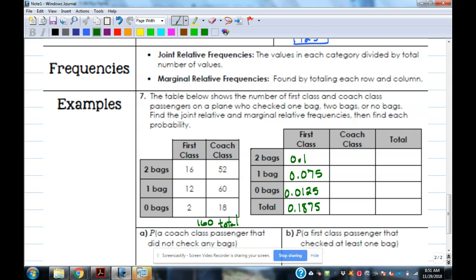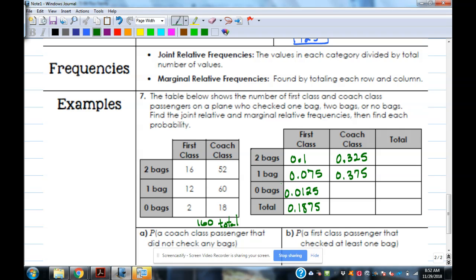All right, now let's do the same thing for the coach class. 52 out of 160. What is it as a decimal? Good. And then 60 out of 160. It would be close, same thing. And then 18 out of 160.